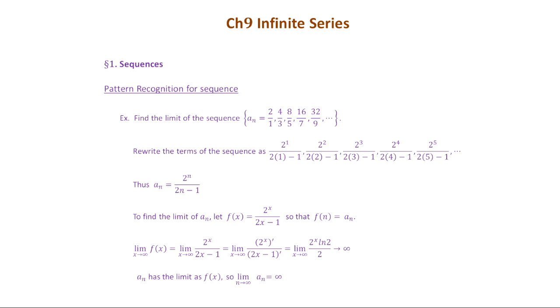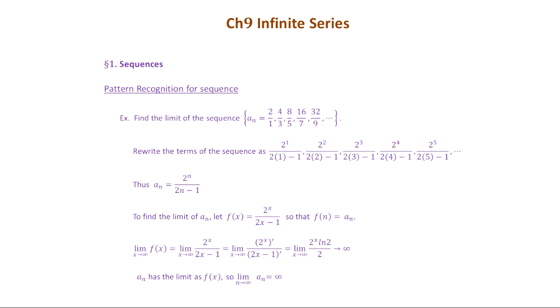The next thing is called pattern recognition for sequences. Sometimes you get a sequence given as numbers listed, and you try to find the limit of the sequence. You need to write the general term, the formula for the sequence, from the list.